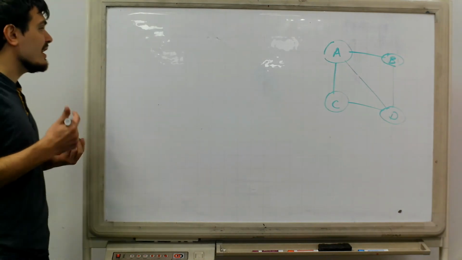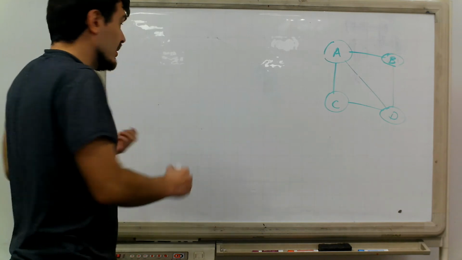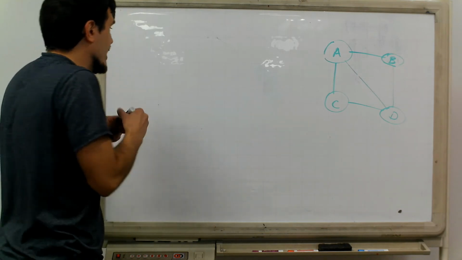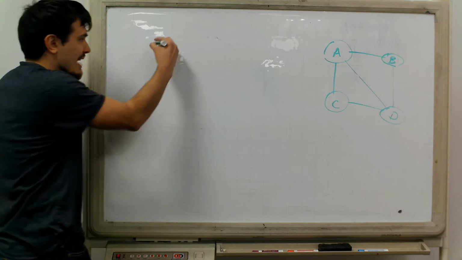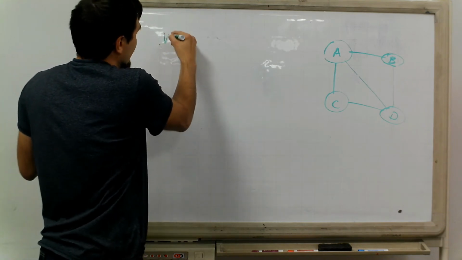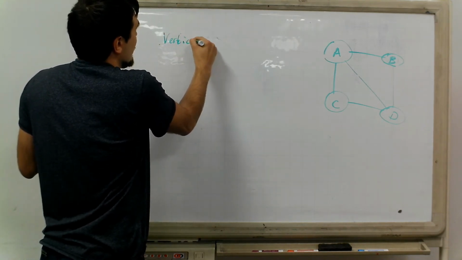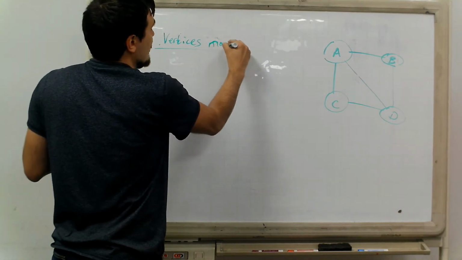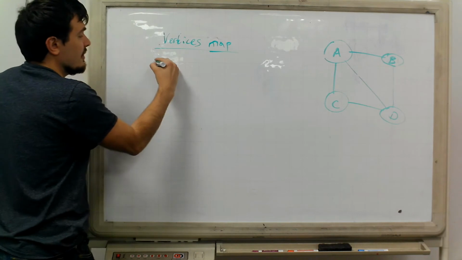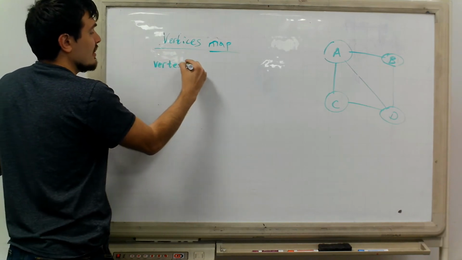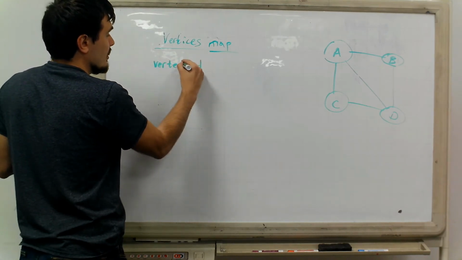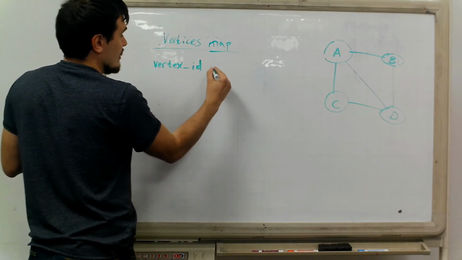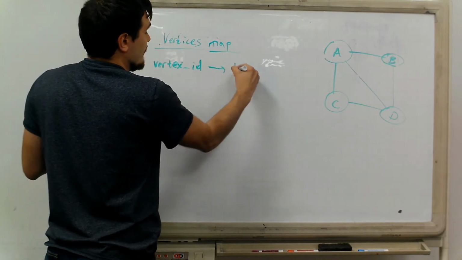In an adjacency list, you still have these vertices, and you create a vertices map, a mapping of vertex ID to vertex information.